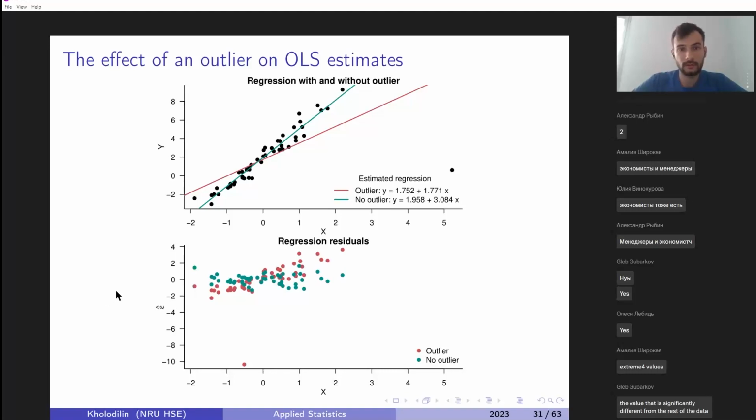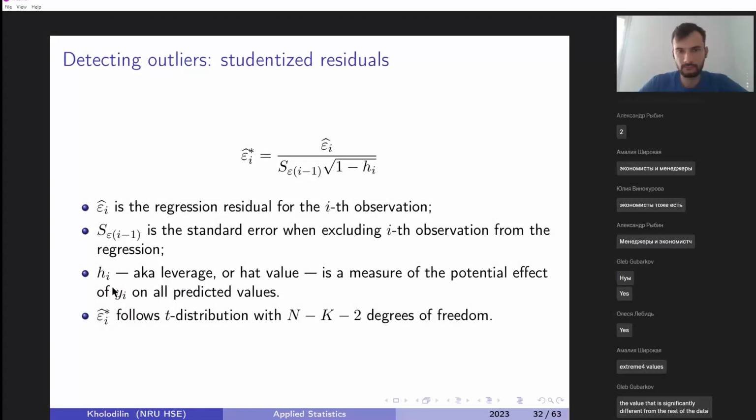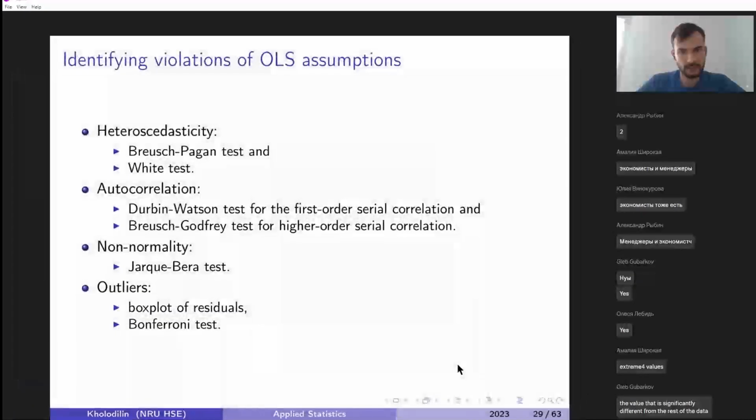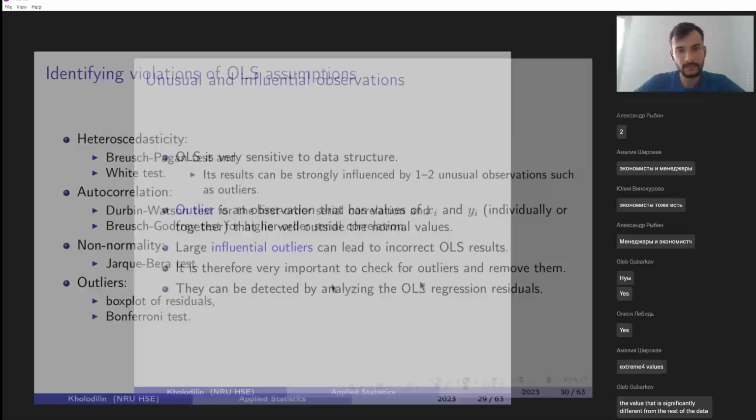We already mentioned two tests on the previous slide, and here we will go through, for example, the Bonferroni test. It's not written here, so let's go back.